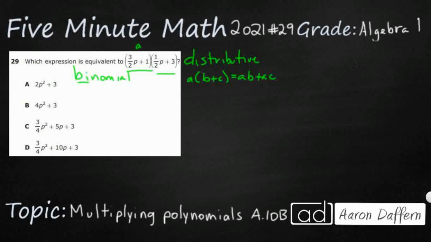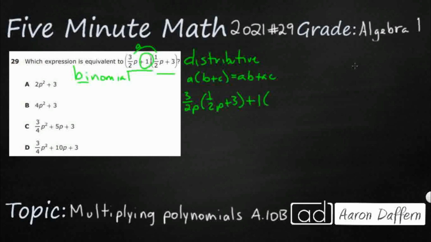Even though there's two different terms in there, we'll take the 3/2 P, and then we're going to multiply that by that whole 1/2 P plus 3. Then we're going to grab the second half here, plus 1.